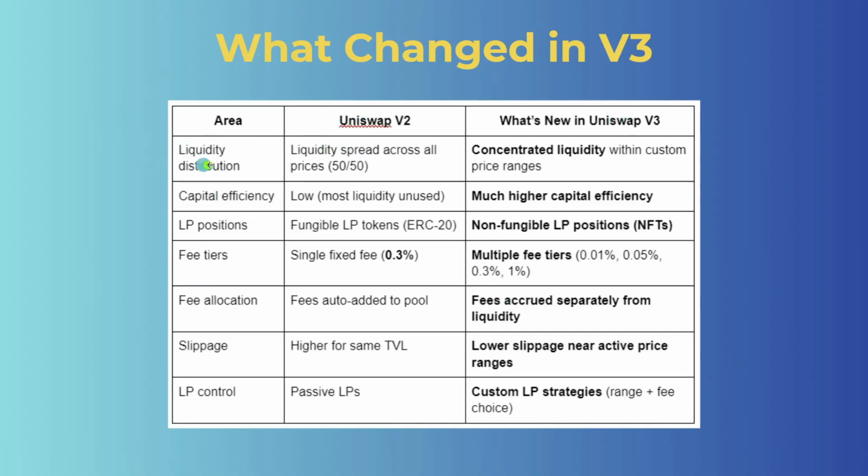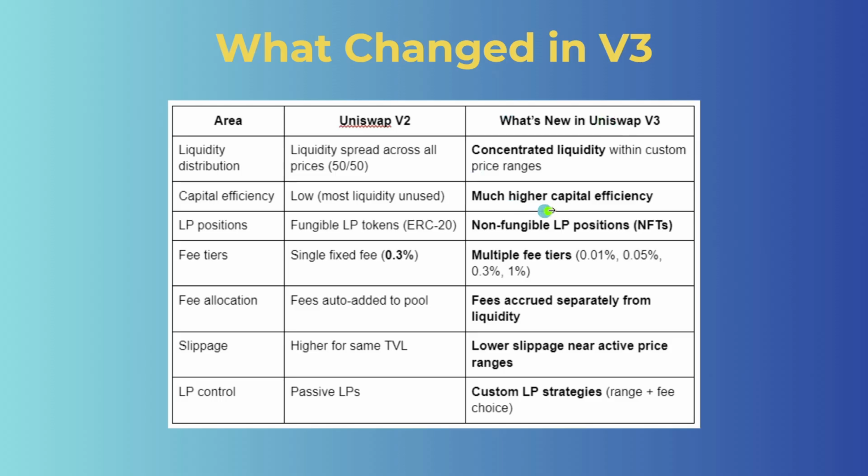So first of all, the liquidity distribution. In V2, the liquidity is spread across all prices, 50-50. In V3, there is the concept of concentrated liquidity, so liquidity concentrated inside specific price ranges, as we will see later. Of course, capital efficiency in V2 is low because most liquidity is unused.